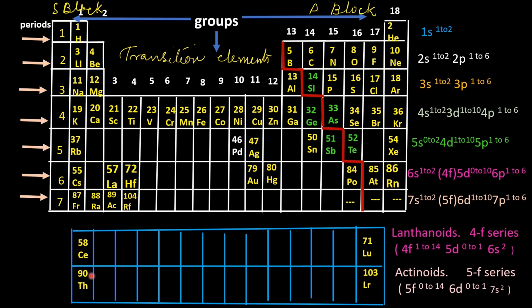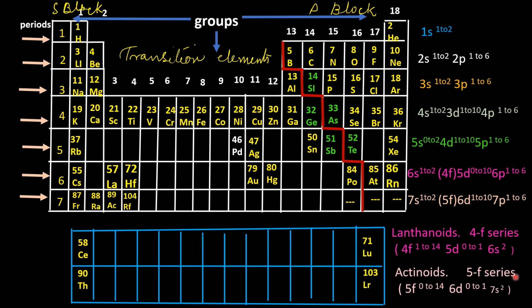In thorium, atomic number 90, the 5f subshell is empty. F series are otherwise called inner transition elements because they really belong to transition elements. You may note that they are not allotted group numbers.